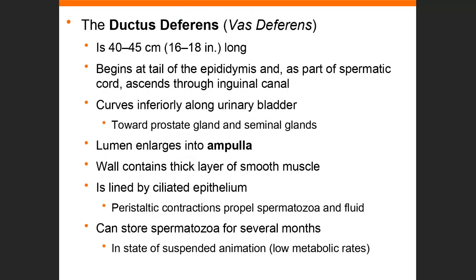Okay. All right, the ductus deferens is, again, a long tube. It is going to begin at that tail of the epididymis. It's going to have to go up around the bladder and then connect in the back where it enlarges, and think of that as like the little holding enlargement where the sperm collect. That's known as the ampulla. The ampulla is next to the seminal vesicle or the seminal gland that is basically sitting like two cars at a stop sign.